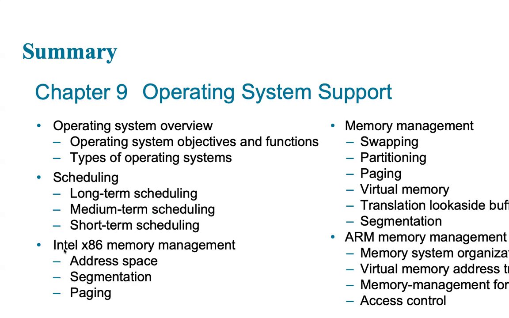We then walked into Intel's x86 memory management, and this is one example of an implementation. Are you tracking on that? You can either tell me here, or for folks online, just give a heads up. Are you understanding the concept of why this would be helpful? Does that make sense? Okay.